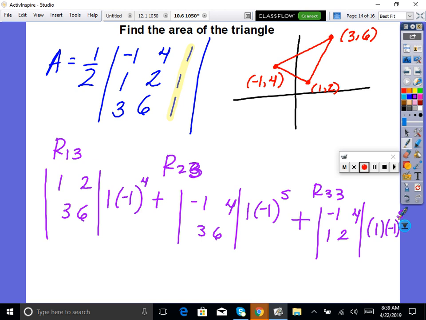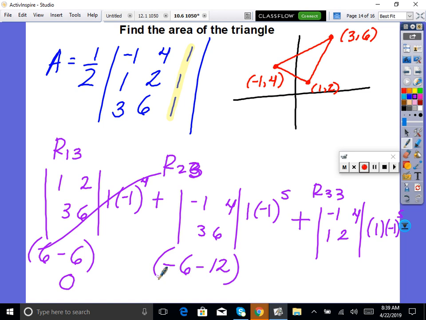So now we'll calculate 6 minus 6. 0. Then -6 minus 12 in parentheses, right? -18. And then we're timesing that by -1, so we get 18. 18 plus, let's do this one. That's -2 minus 4 in parentheses, which is -6.